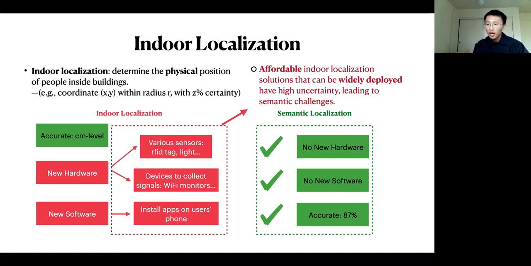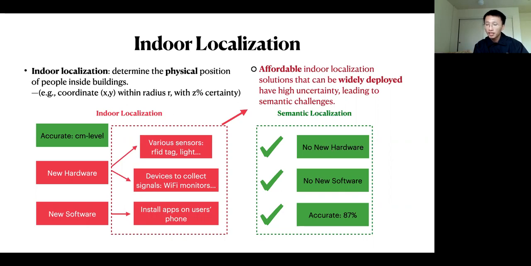However, although many indoor localization techniques can achieve high accuracy, such as centimeters, they are not suitable to be widely deployed. They either require installing specific apps on the phone, or new hardware, such as various sensors or devices to connect signals.